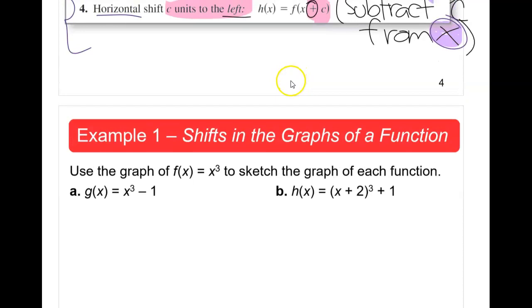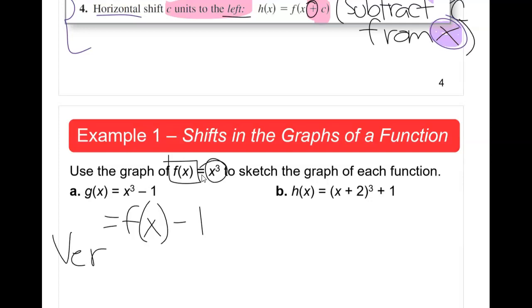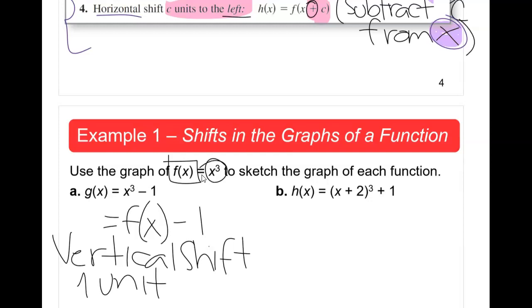So if we look at our table, that -1 is not being subtracted from the x, it is actually being subtracted from the x cubed. So it's like we have something similar to f of x, the whole function, the parent, this is the parent. So we have that -1. So that tells me that it is a vertical shift. And it's going to be of 1 unit down.